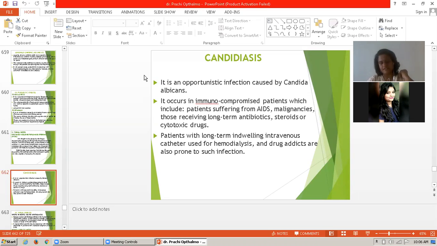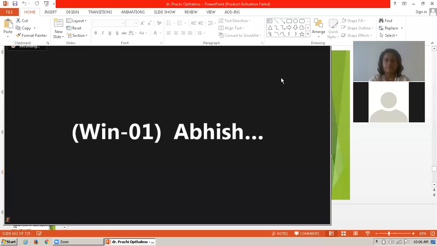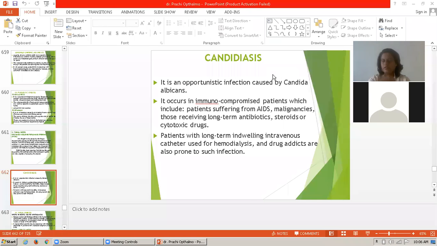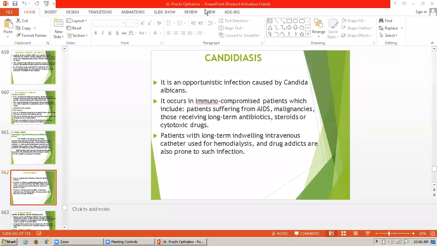In yesterday's lecture, we learned about purulent uveitis, then endophthalmitis, panophthalmitis.